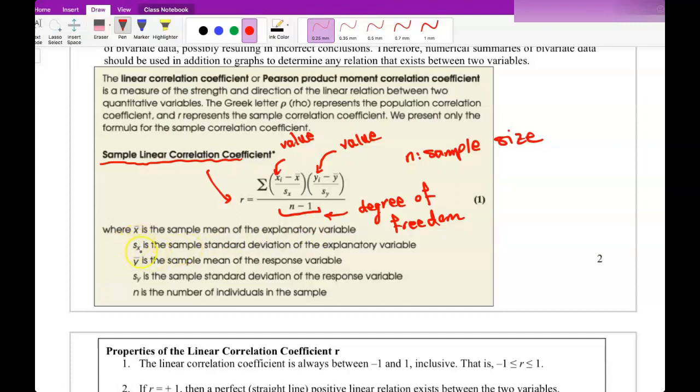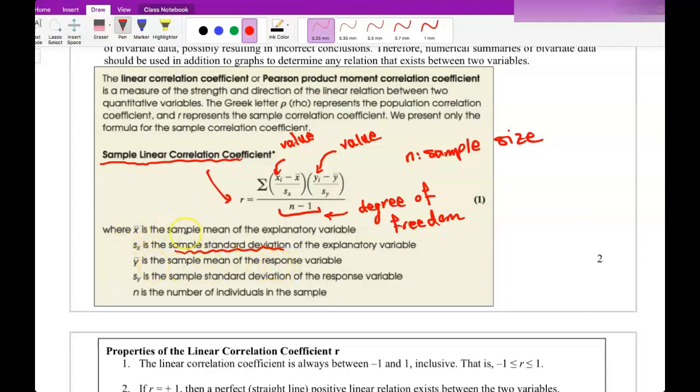And here this s is the sample standard deviation. We had this part before. When it's s, it's the sample; when it's sigma, it's for the population. Y bar is the sample mean of the response variable. Since we use x for explanatory and y for response, it's the same thing for the sample.